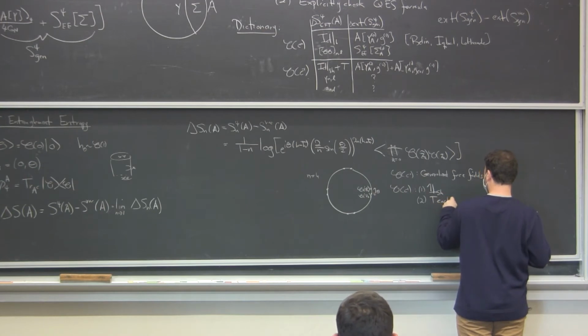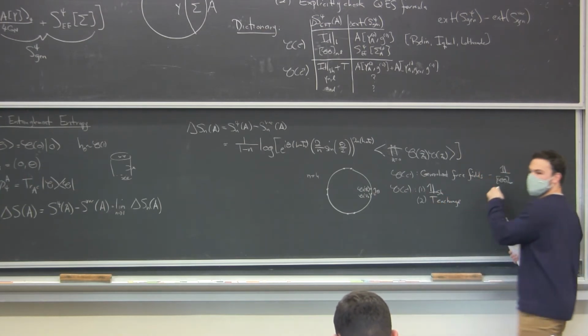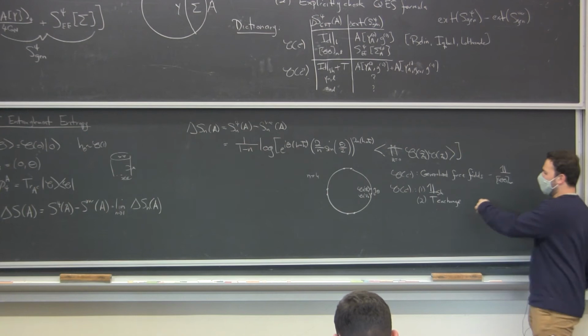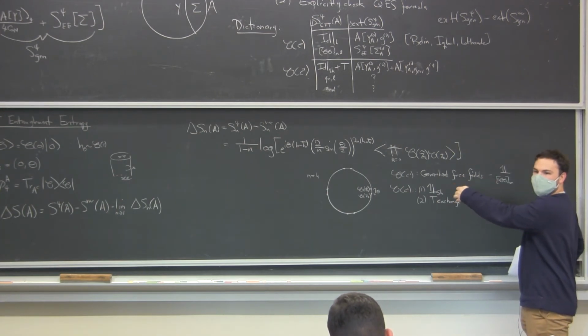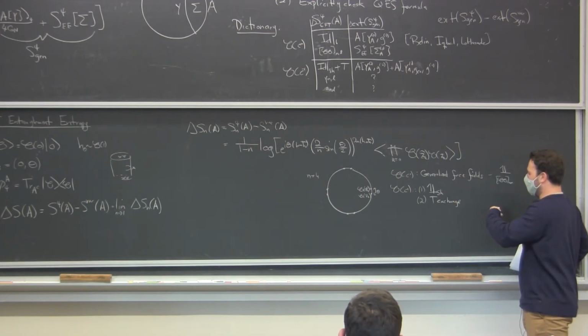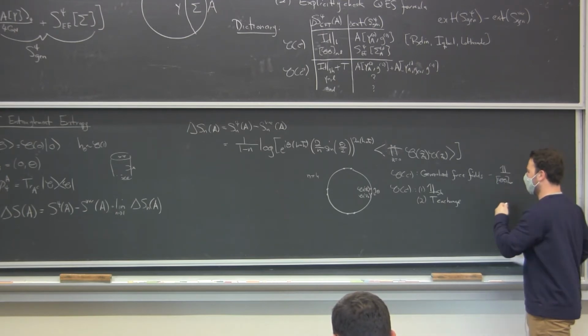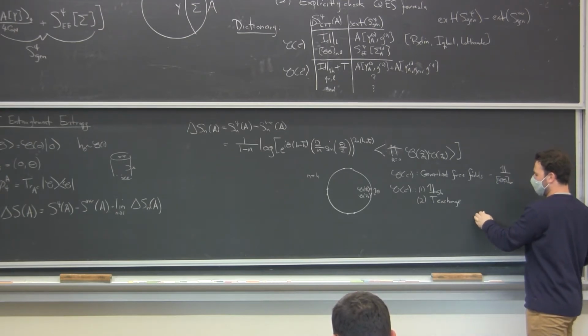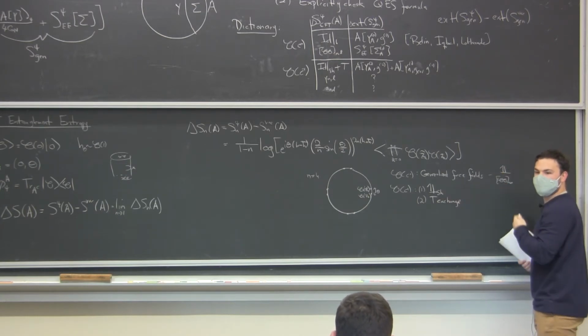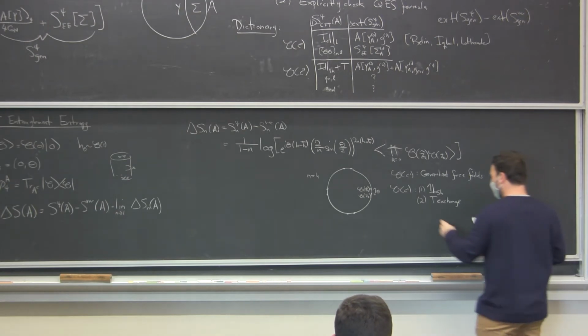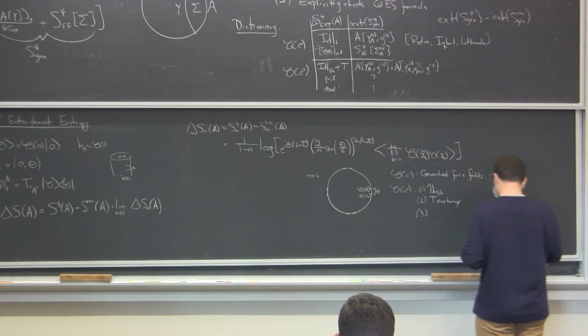So here I'm assuming that I have some low energy effective field theory in the bulk, where all I have is the operator O and double traces of O and gravity. And all the stringy modes are suppressed by 1 over delta gap. So here I'm assuming that at leading order in delta gap, I just have T exchange and the double traces in the CFT, no other single trace contribute.